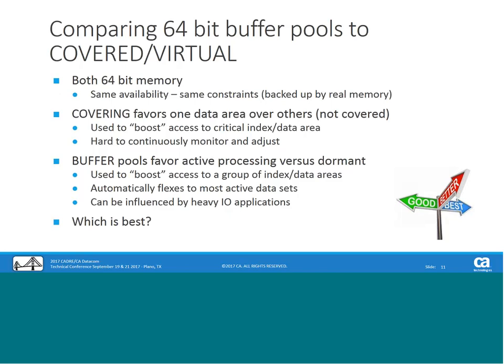Now, the other thing that I do see as a downside with buffer pools is that they can be influenced by heavy I/O applications. So if you have an online system and you're covering certain areas that give online high performance, if you switch that memory to buffer pools, and you suddenly get a batch application running very heavily that you really don't want to give priority to, it could steal the buffers away, because it's the heavy.